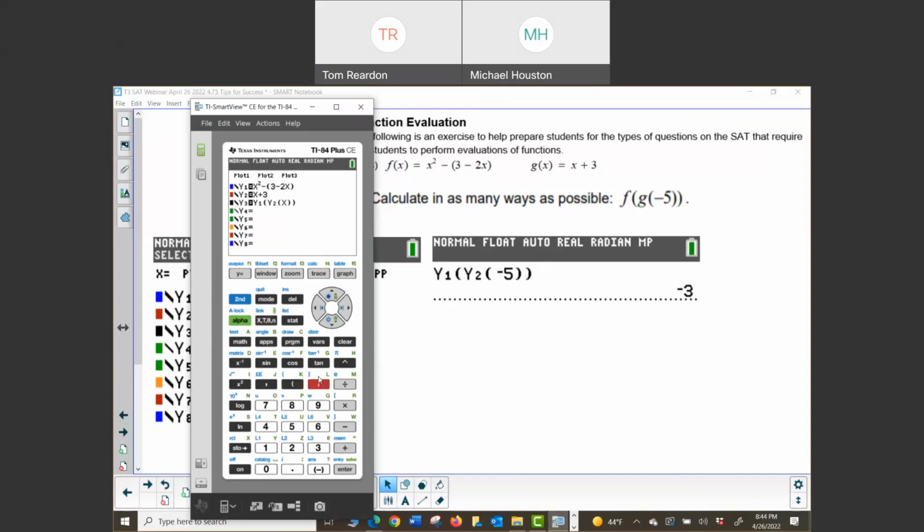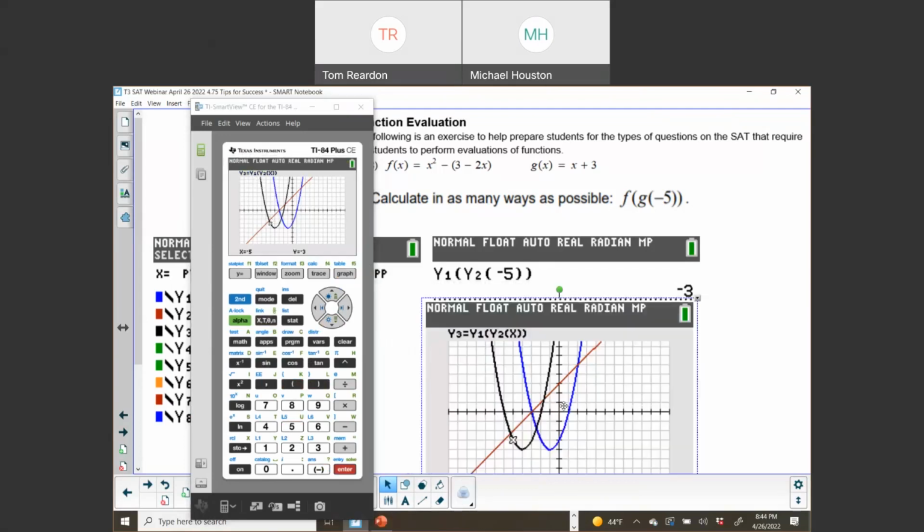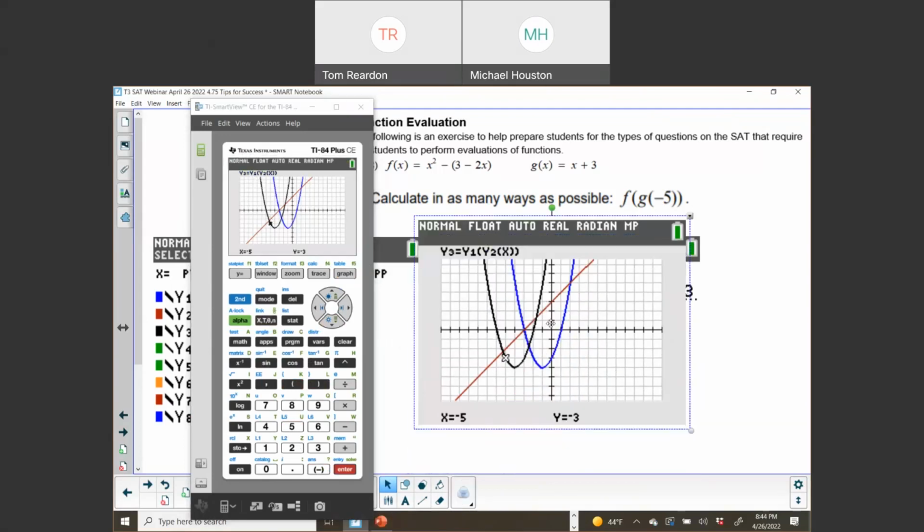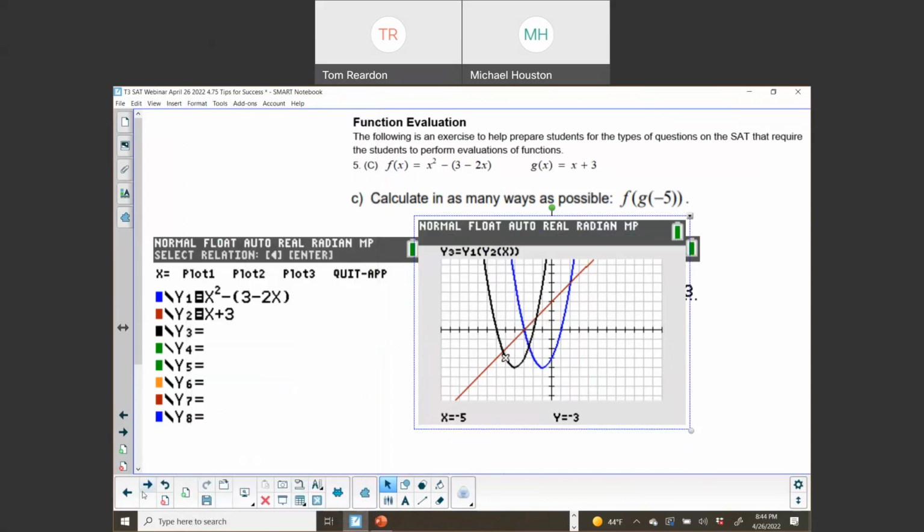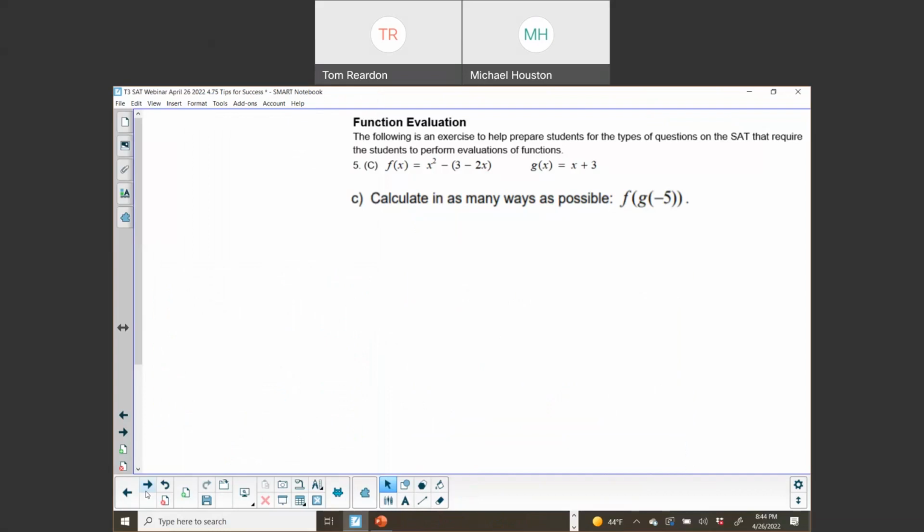By the way, the x's are optional, but not for me. I prefer to see them. And so now I'm graphing the composition function, and I can trace to that composition function when x is -5. And see, again, -3. Okay? So you got a lot of options there, okay?